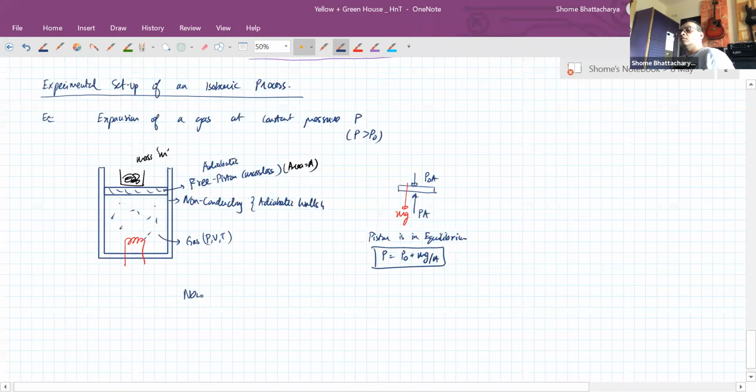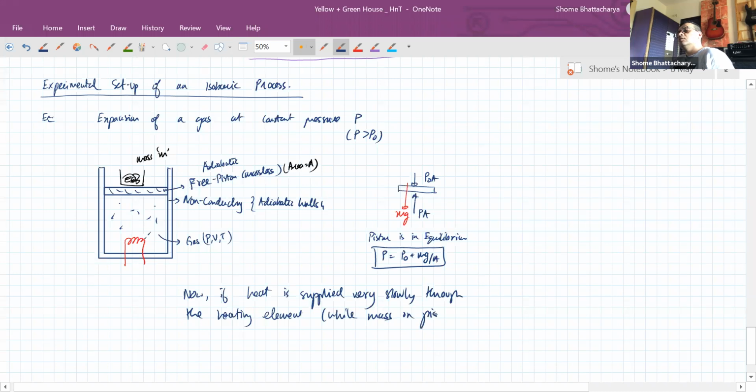So now if heat is supplied very slowly through the heating element, okay, while the mass on the piston is kept constant, what will happen is that P equal to P naught plus mg by A remains constant, while the volume of the gas expands.